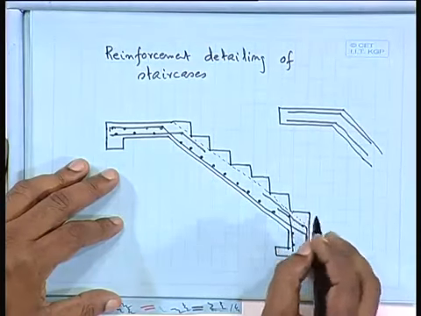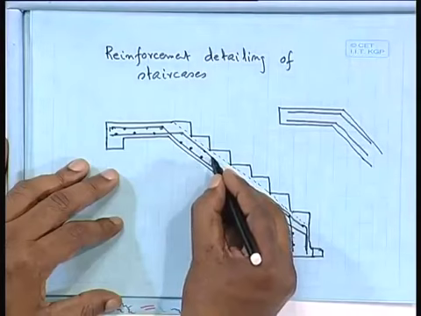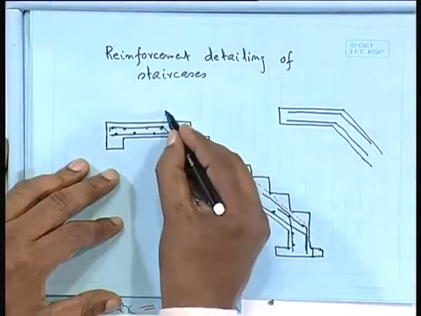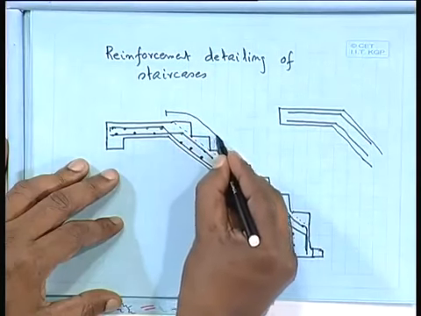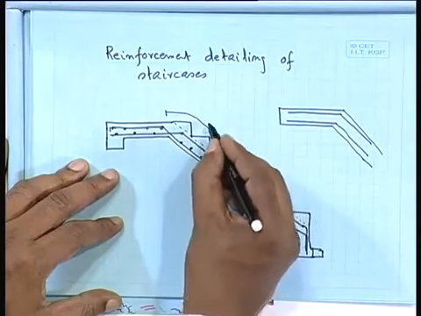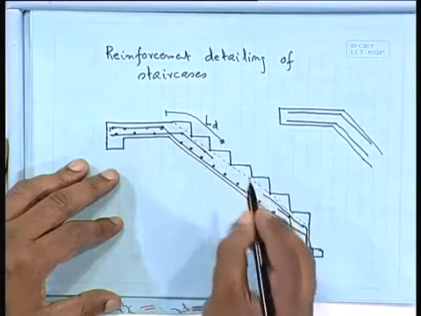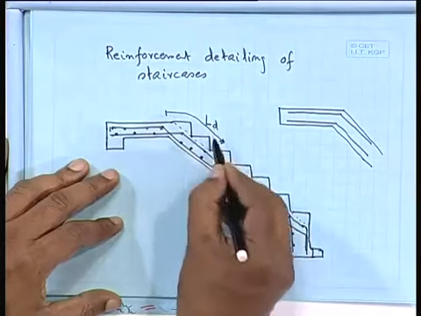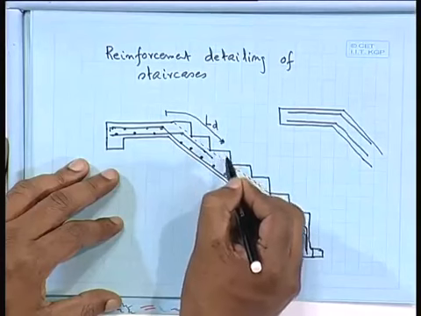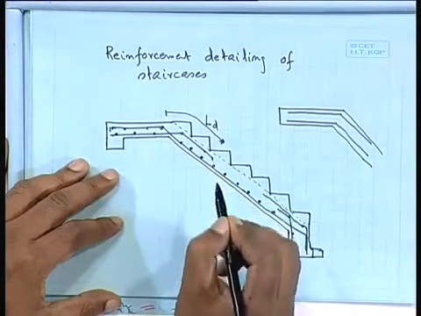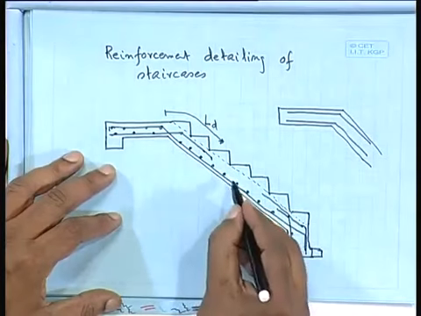What about this length? How far shall we go? This length, from here we shall start and it will go up to Ld, the development length. We have to go up to this extension.